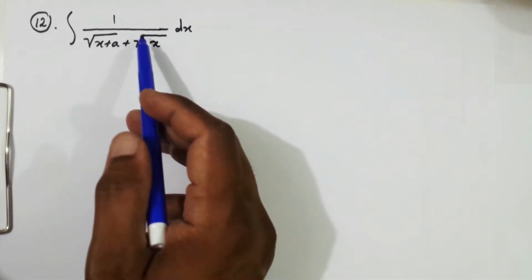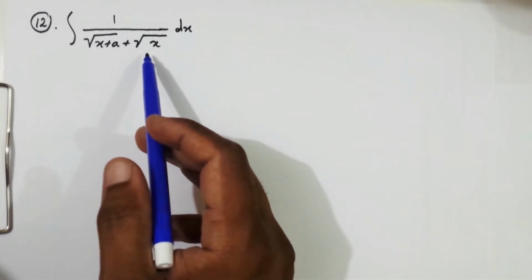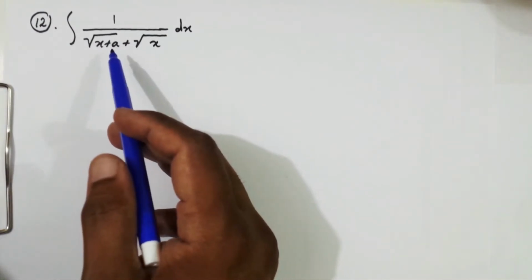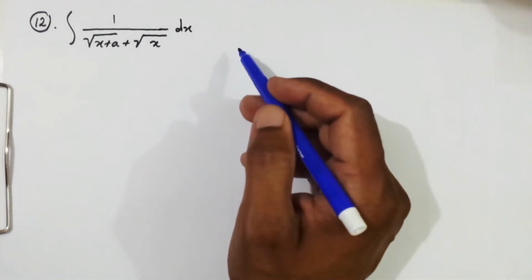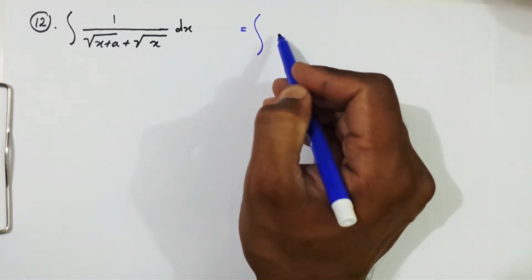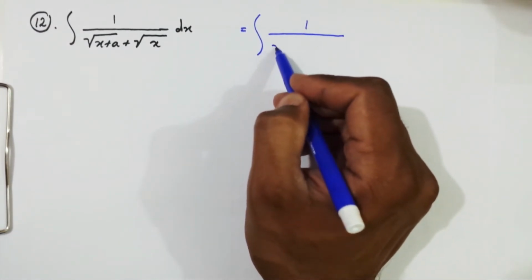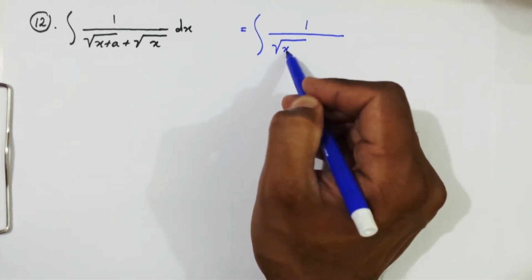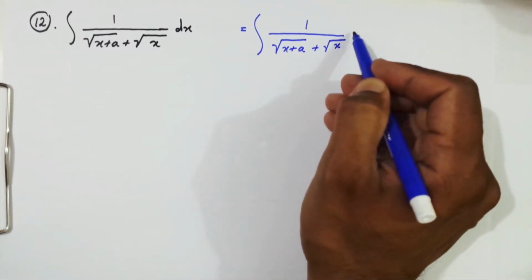So when there is radical form in the denominator of any question and there will be more than one term, we rationalize this function. We are going to rationalize the value which is in the denominator. And what is rationalize?